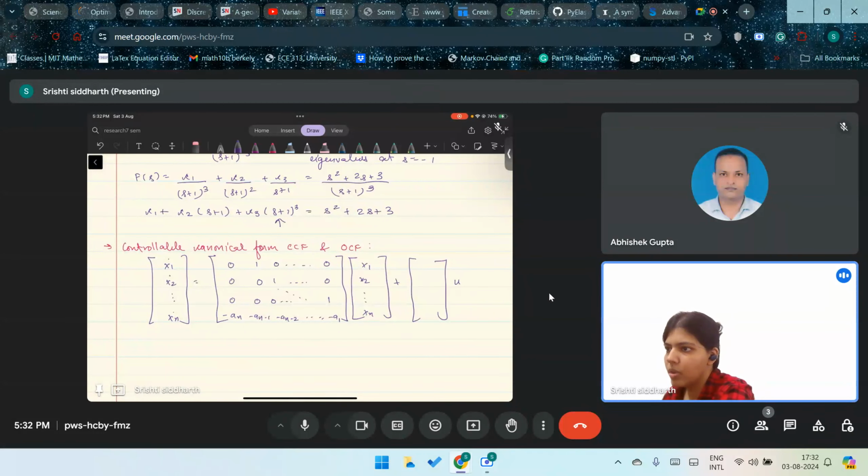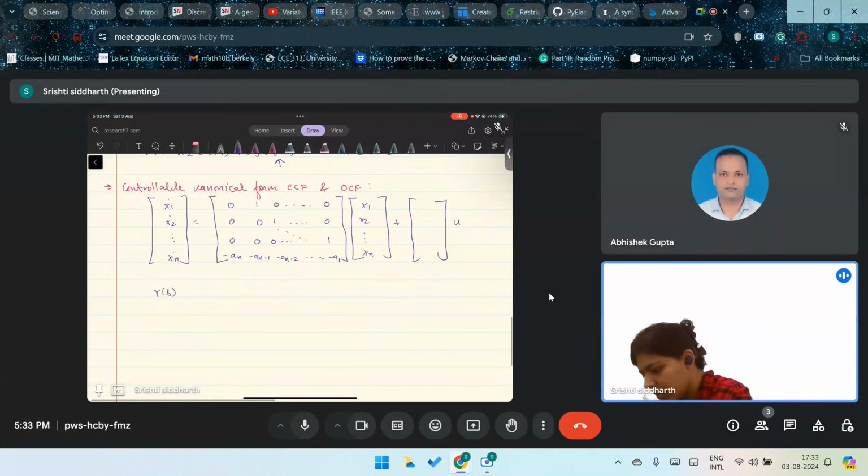So I'll just write down what the transfer function is. Yeah, the general transfer function that we are considering here is Y(s) over R(s) equals some n degree polynomial in the numerator.